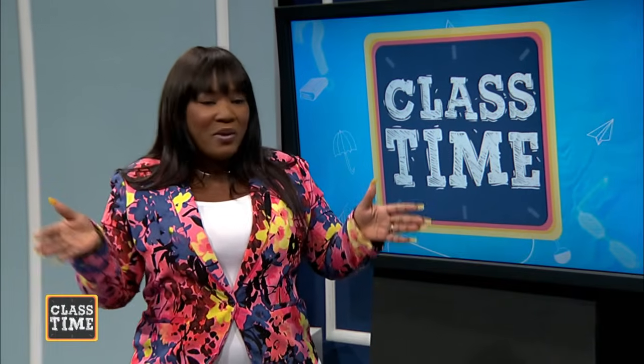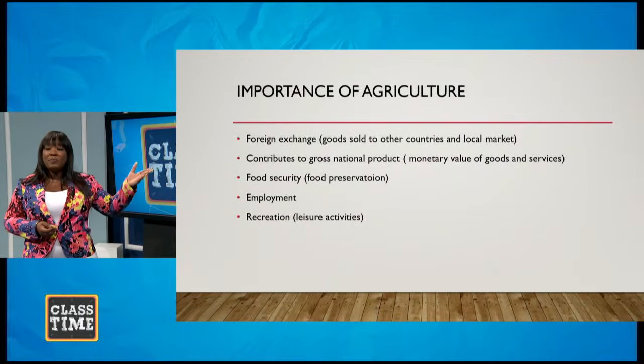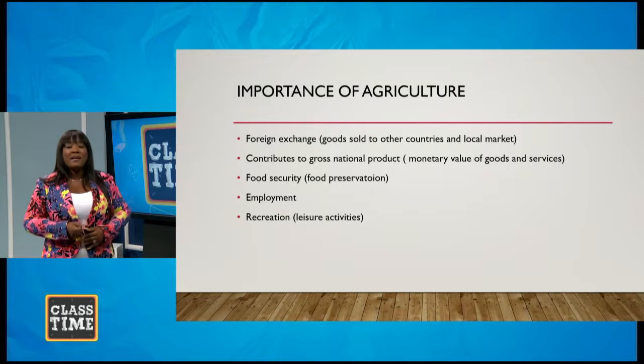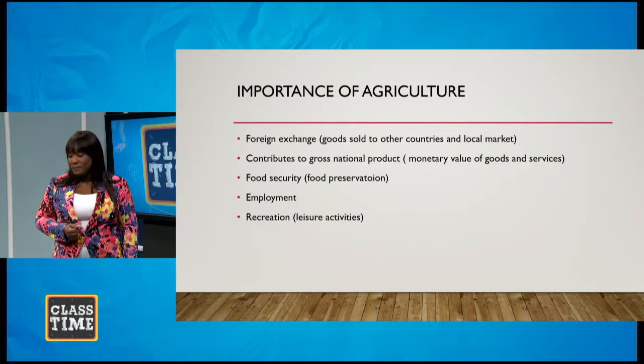Just the hotels. Now, everybody wants to go out. Ecotourism. And that is where agriculture comes in, right? So it goes hand in hand how important agriculture is to humans. And again, foreign exchange, contribution to the gross national product of the country, food security, employment, and recreation.